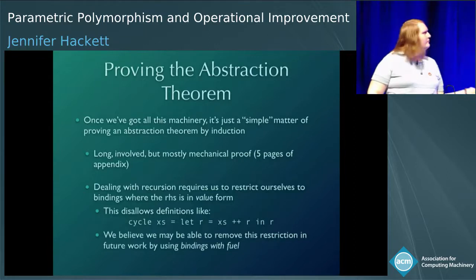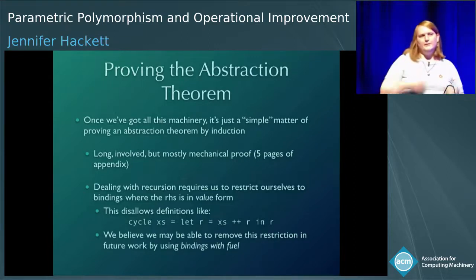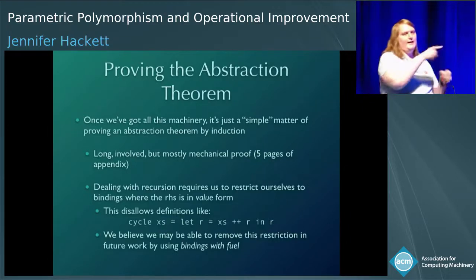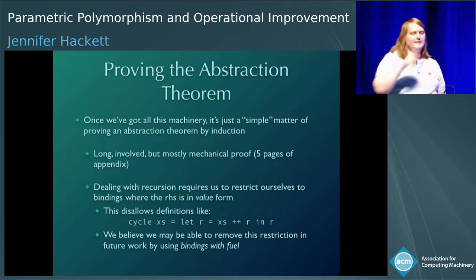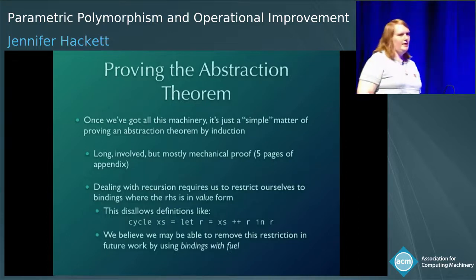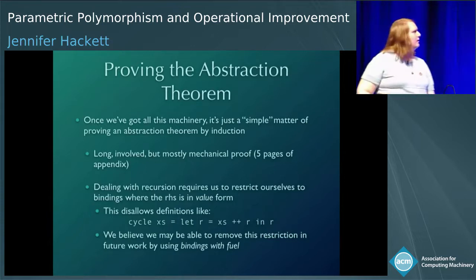We have this idea of bindings with fuel. So usually, when you want to reason about recursive things, you think about unwindings. So instead of let x equal m, you have let x0 is a fail, let x1 is m of x0, and so on and so forth. And you can use these unwindings to reason about the final, properly tied-the-knot thing.